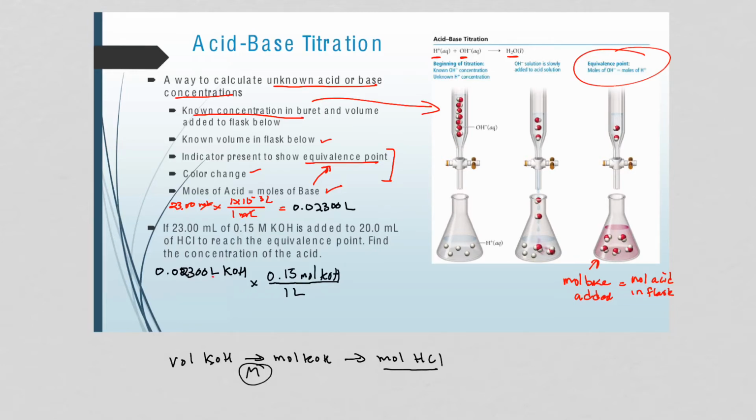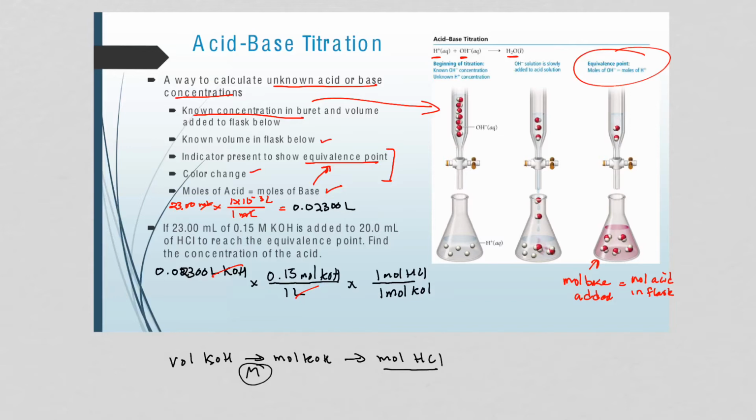So my liters of KOH solution cancel. Now I need to go from moles of KOH to moles of HCl. Well, we understand that moles of acid equal moles of base, so I have 1 mole of HCl for every 1 mole KOH.